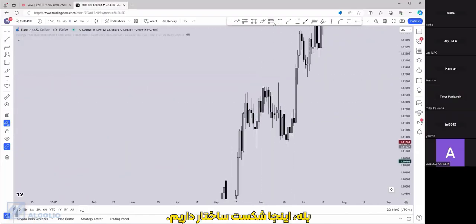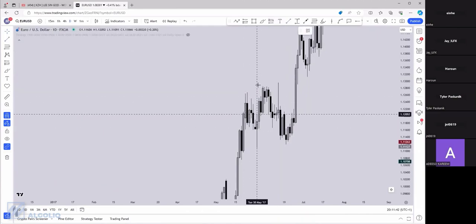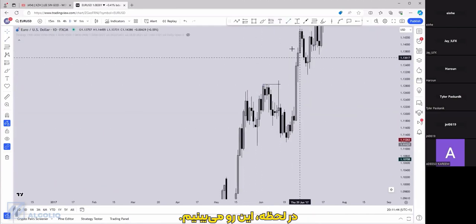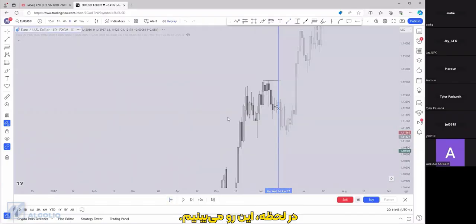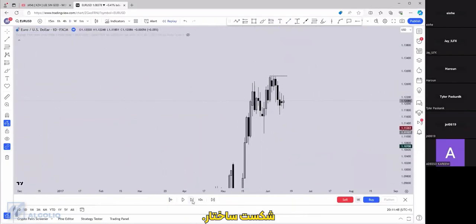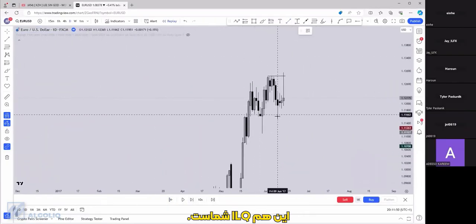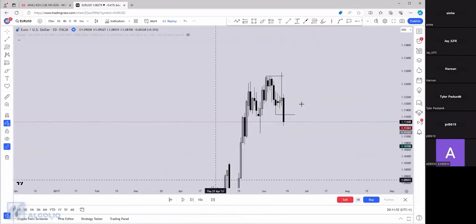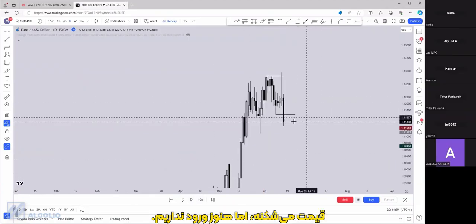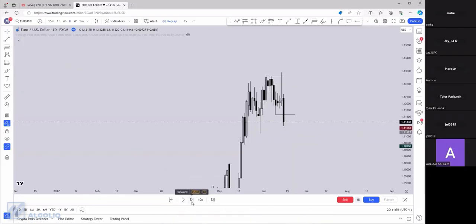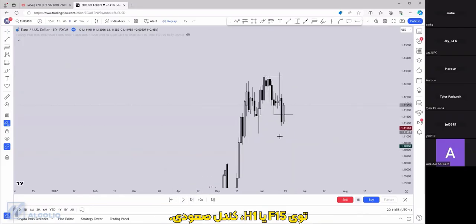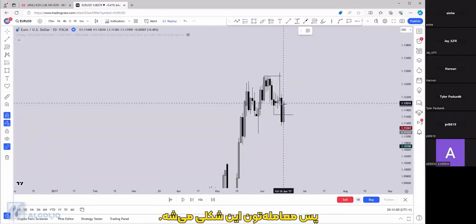Yeah. So here you have a break of structure. In real time, you'd see this break of structure. This is your ILQ. Price breaks. No entry yet. You can enter on lower time frame on M15, H1. Bullish candle. So your trade would be like this.